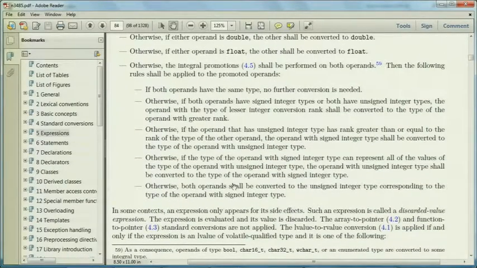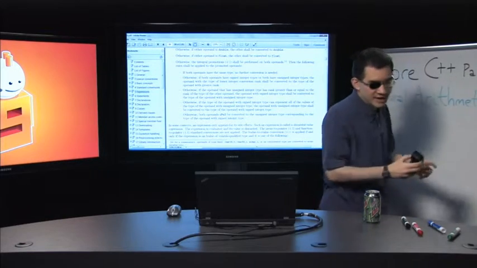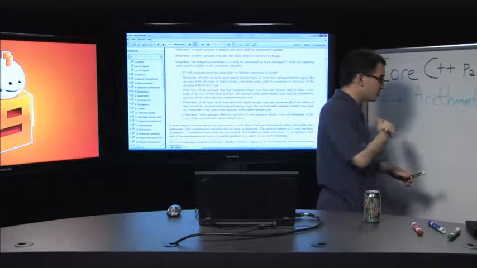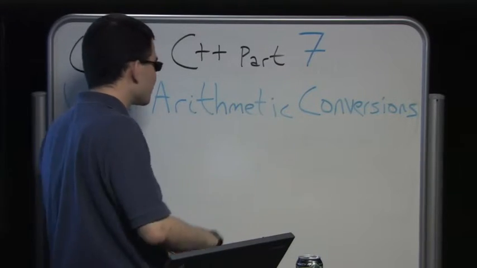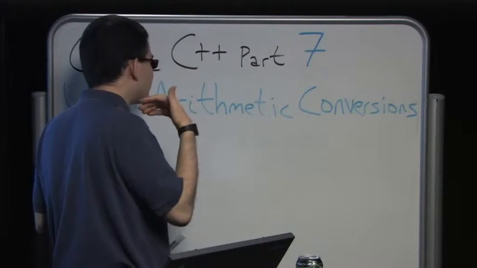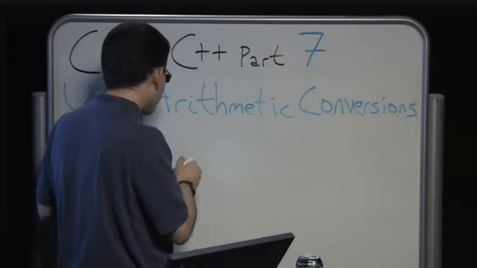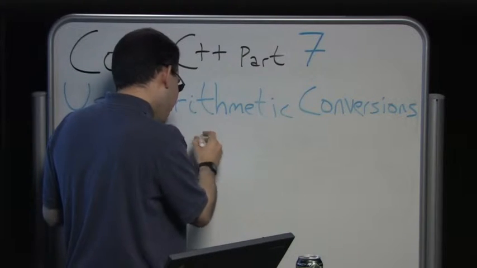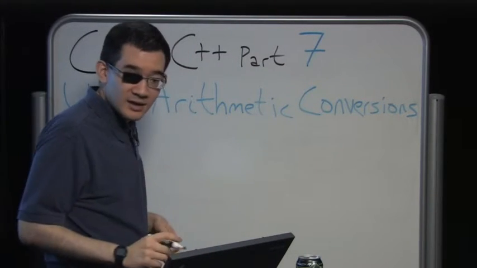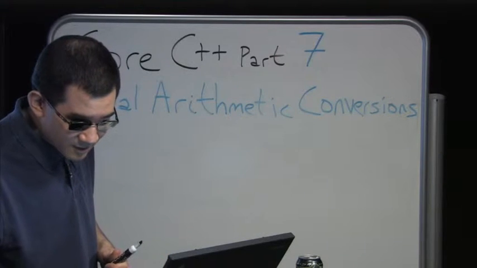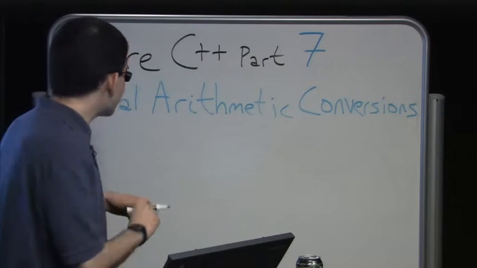Okay, so in this case, I want to know for the purposes of find its equality, but the actual binary operation doesn't matter because the usual arithmetic conversions, that's a mouthful, apply to essentially most binary operators. I don't want to say all. Okay, so if my element type is unsigned, so I've got unsigned char.